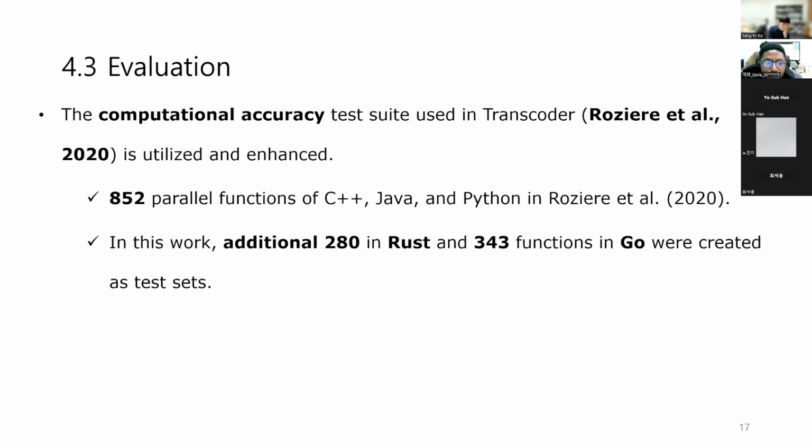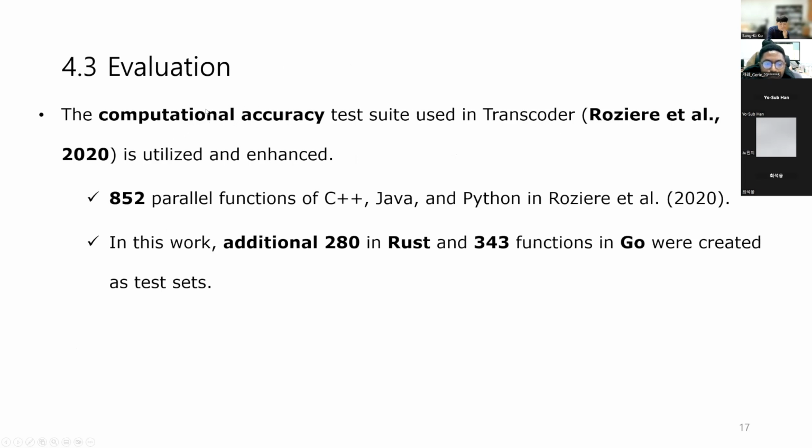During evaluation in this paper, they use a metric called computational accuracy. Computational accuracy was originally presented in the baseline model, TransCoder.